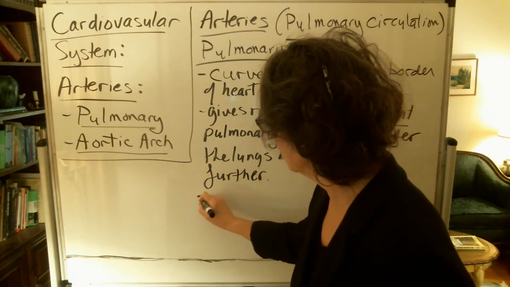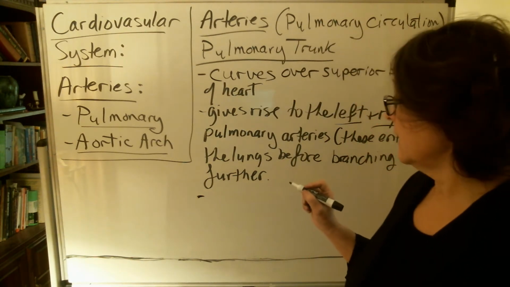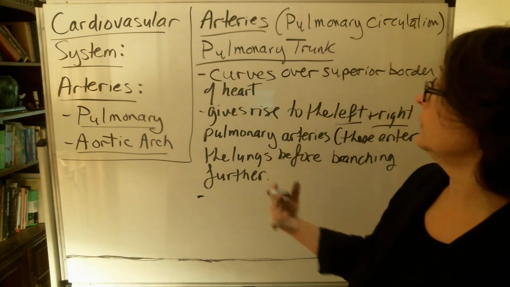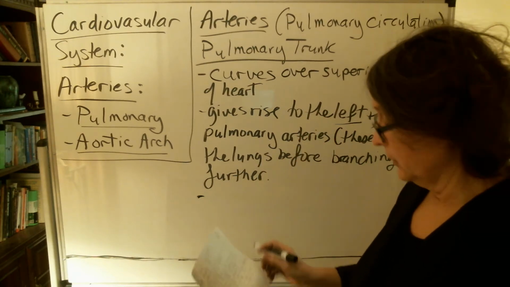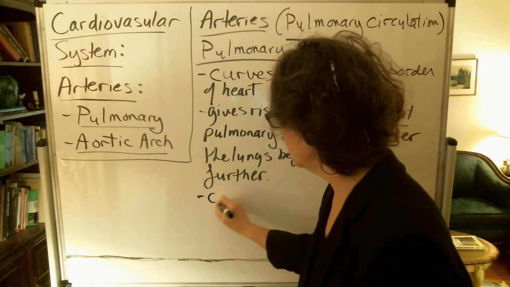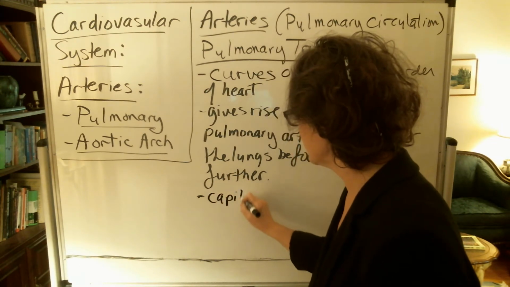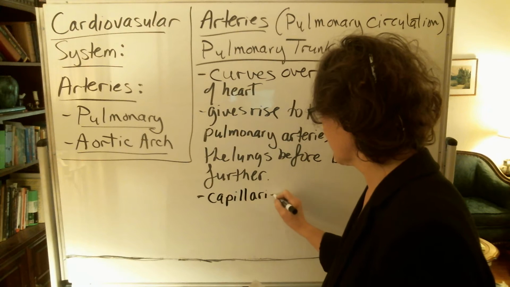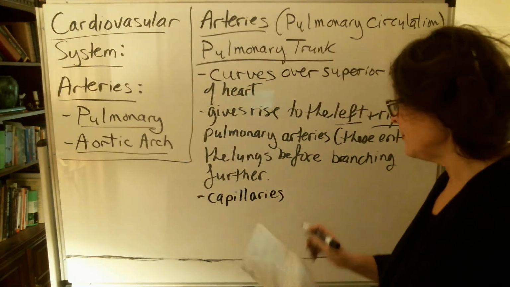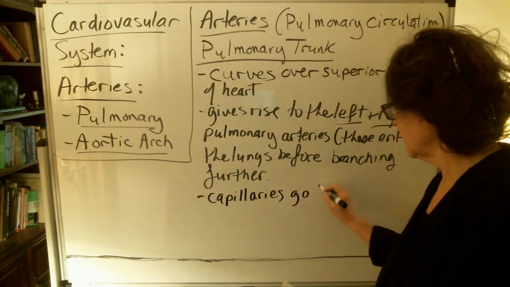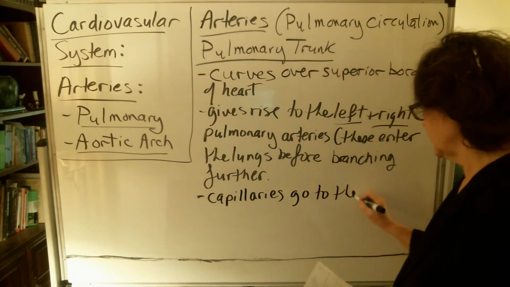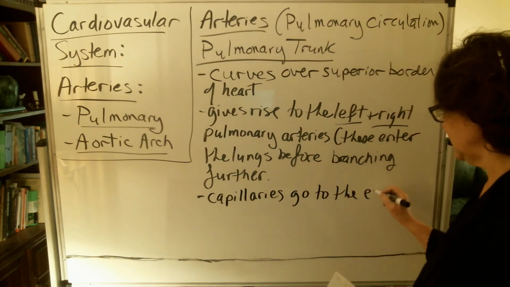Then, once the blood has gotten to the lungs and has gone through a series of ever smaller arteries and arterioles, then capillaries go to the alveoli in the lungs.